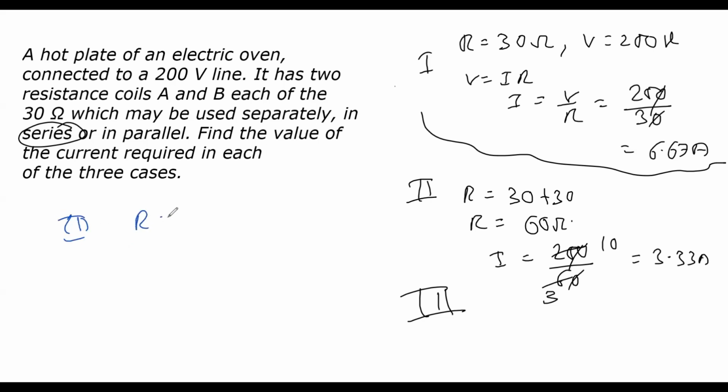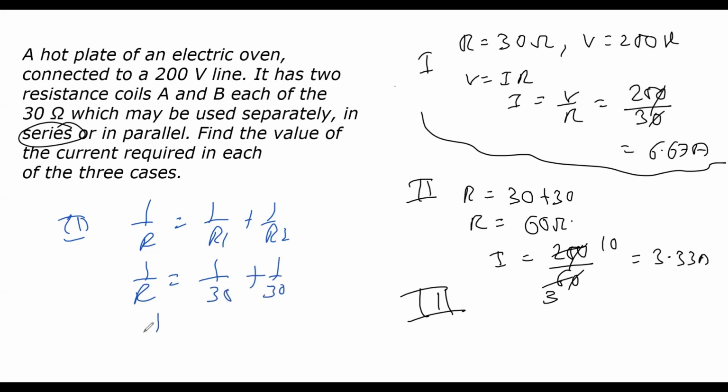The last case, the third case over here. This time these resistors are connected in parallel. So the equivalent resistance will be 1 over R is equal to 1 over R1 plus 1 over R2. Now calculating this, R1 is 30, R2 is 30. So that's 2 over 30, that is 1 over 15. Do not forget to reciprocate it as most of you do. So the resistance is 15 ohm. And we'll go by the same thing.